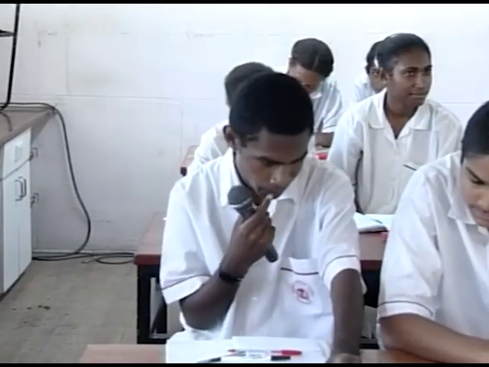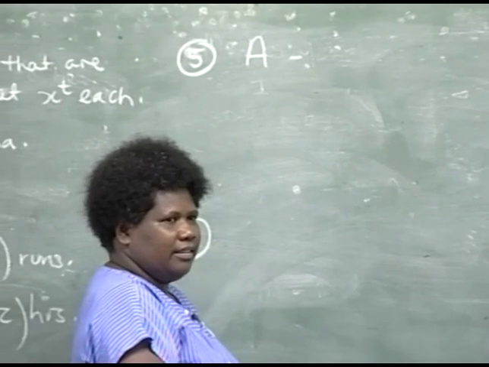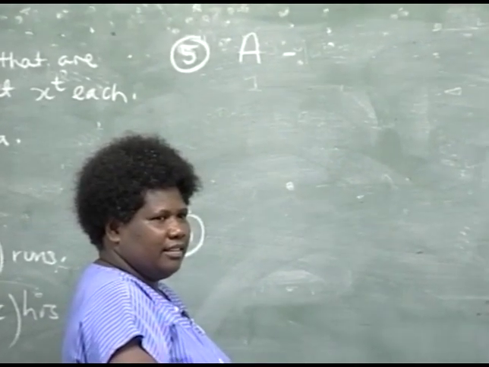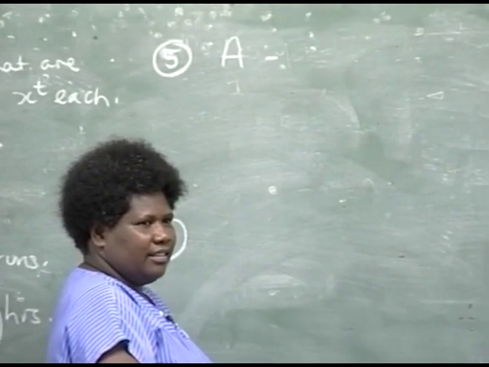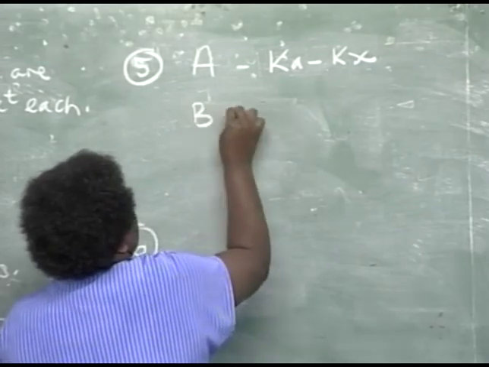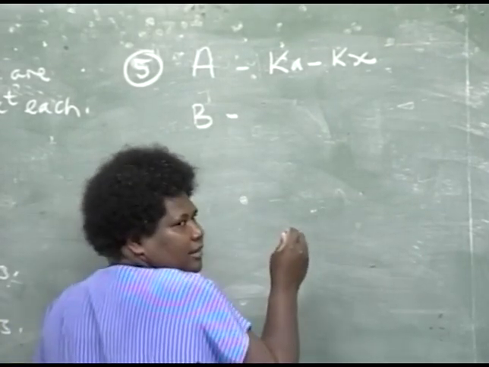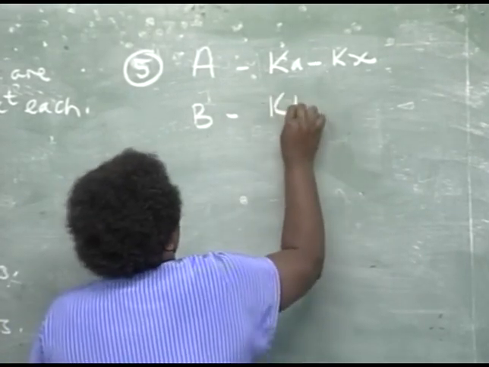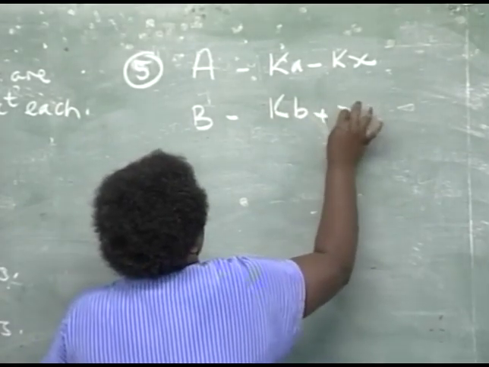A has A kina, he gives X kina to B. How much does he have left? K(A) minus K(X). Okay, A kina minus X kina. And B has? K(B) plus K(X). Okay, B kina plus X kina.